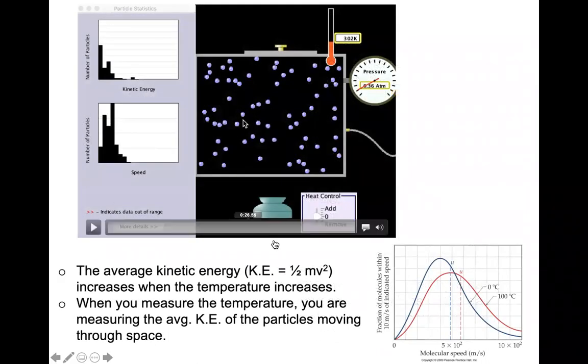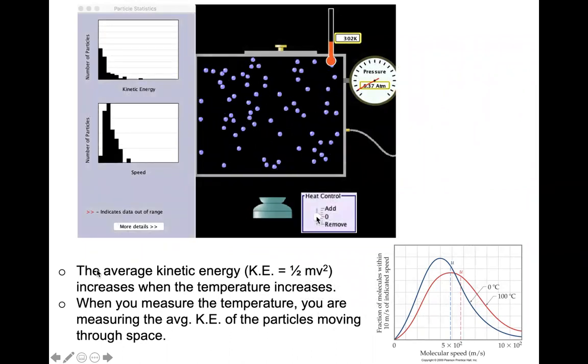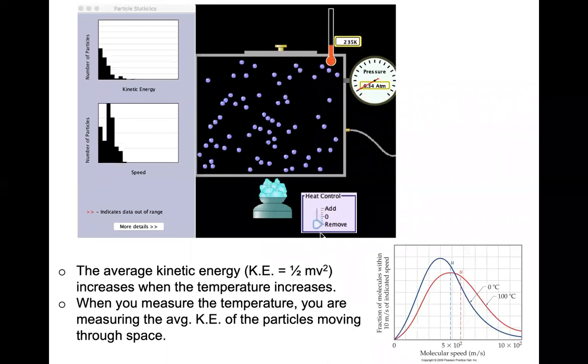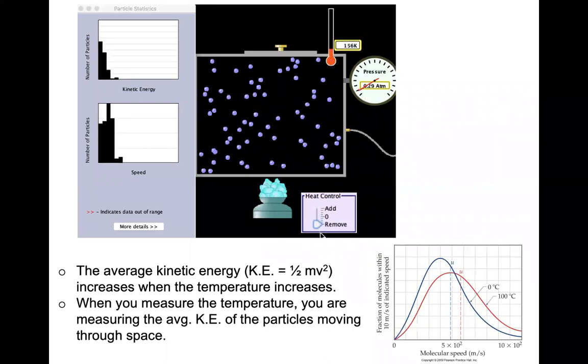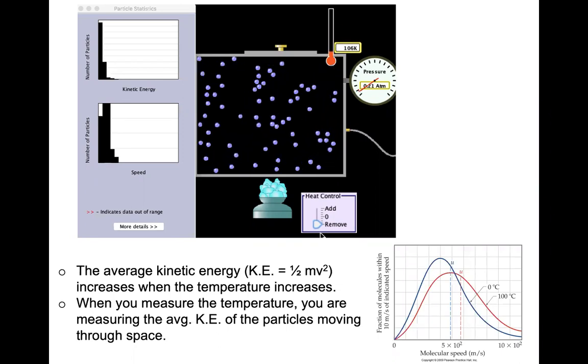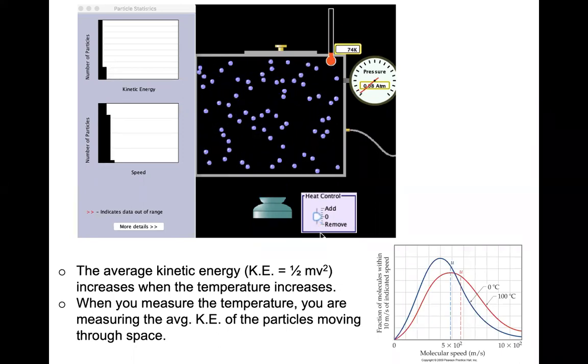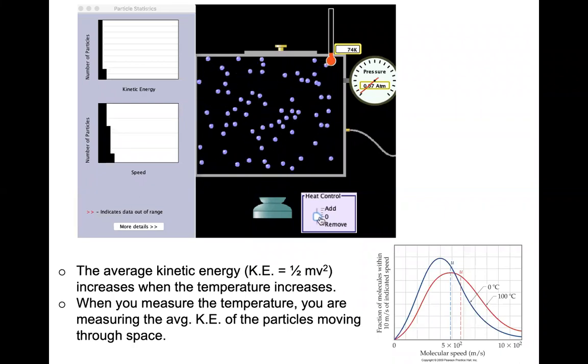Now, if we're looking at these and thinking about the particle motion and the temperature, the particles are all moving around. If we remove heat and the particles slow down, I see the speed is going down and their kinetic energy is going down. The temperature is going down.